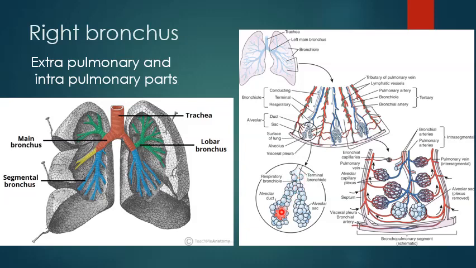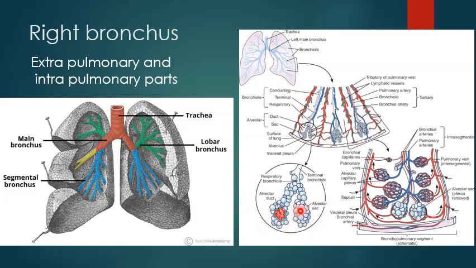Somewhere around 16 to 18 times, and finally they produce around 50 to 70 respiratory bronchioles. This one, right? And which merge with the alveolar sacs. Here all the rounded structures that you are seeing are the alveolar sacs, and the respiratory bronchioles merge with the alveolar sacs and terminate into the alveoli, which constitute the lung parenchyma, right?